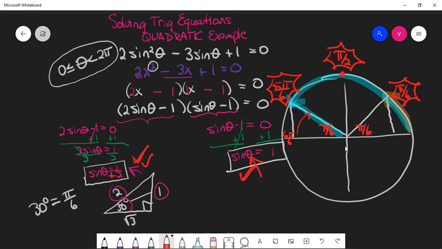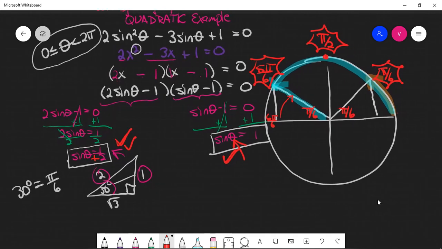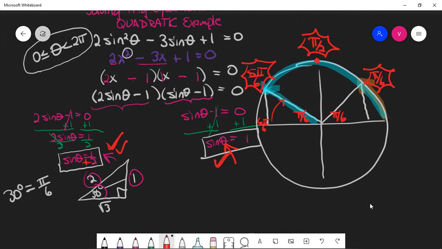If you don't believe it, try it with degrees. Try it with the degrees and then plug the degrees in here and see what you get for an answer. Like 30 degrees: put in 30 degrees here, 2 times the sine of 30 degrees squared minus 3 times the sine of 30 plus 1, and see if that equals 0. Okay, so here's your answer.